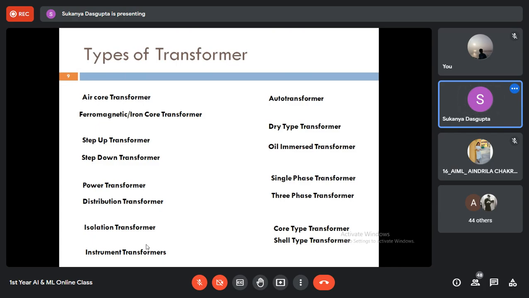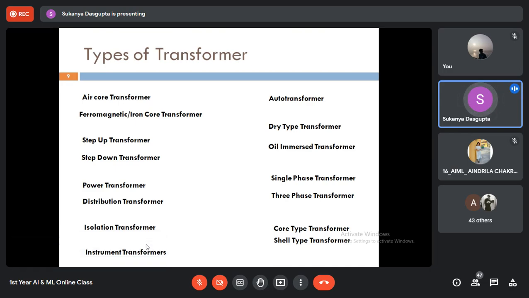So isolation transformers are mainly 1:1 transformers. The voltage level will remain the same, so their use is a little bit different. That's why they are widely used in different electronics applications, like in power electronic circuits, we use isolation transformers.